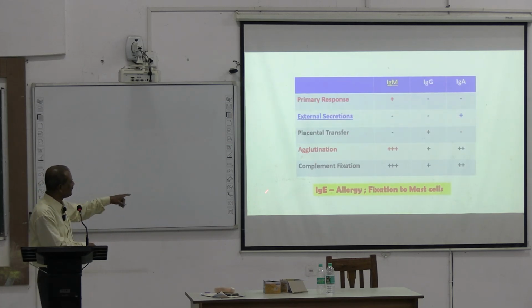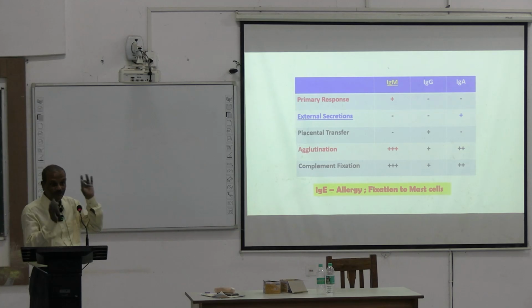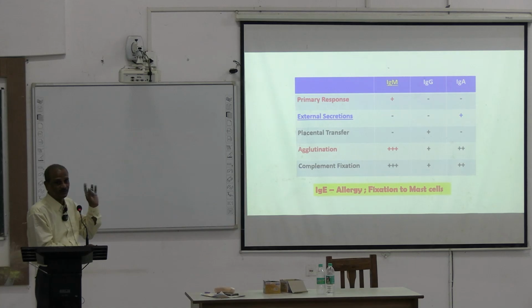So this part I have told you: the agglutination will be very strong with the IgM type of antibody, but IgG will be intermediate because there are 4 binding sites. But it will be very strong here. The primary response is IgM, remember always, I have told you at least 10 times, and IgG is for the secondary response. Okay, placental transfer is a very important thing.